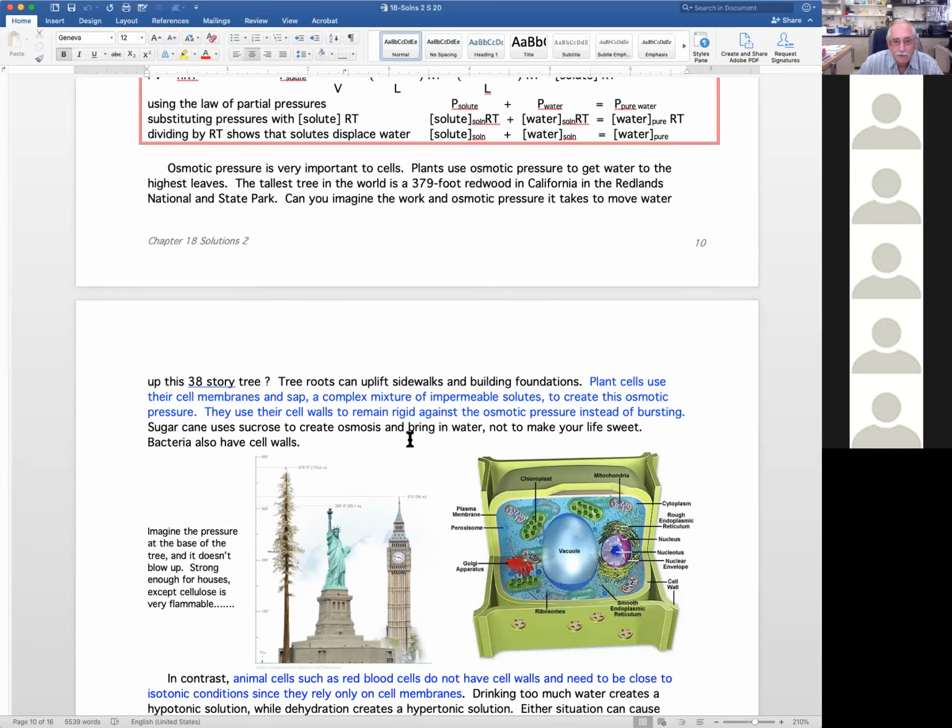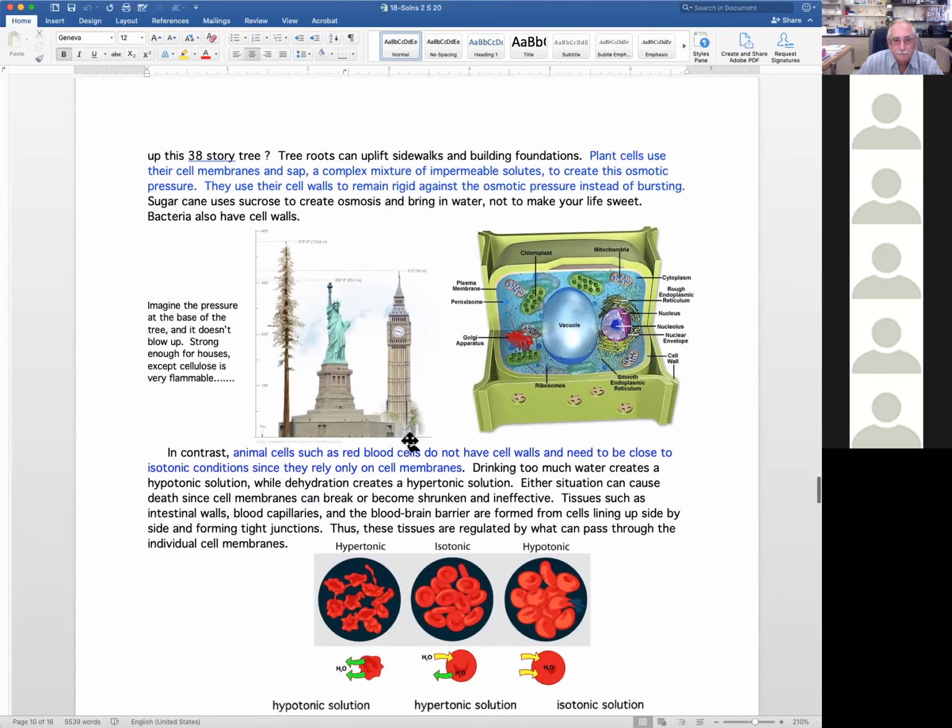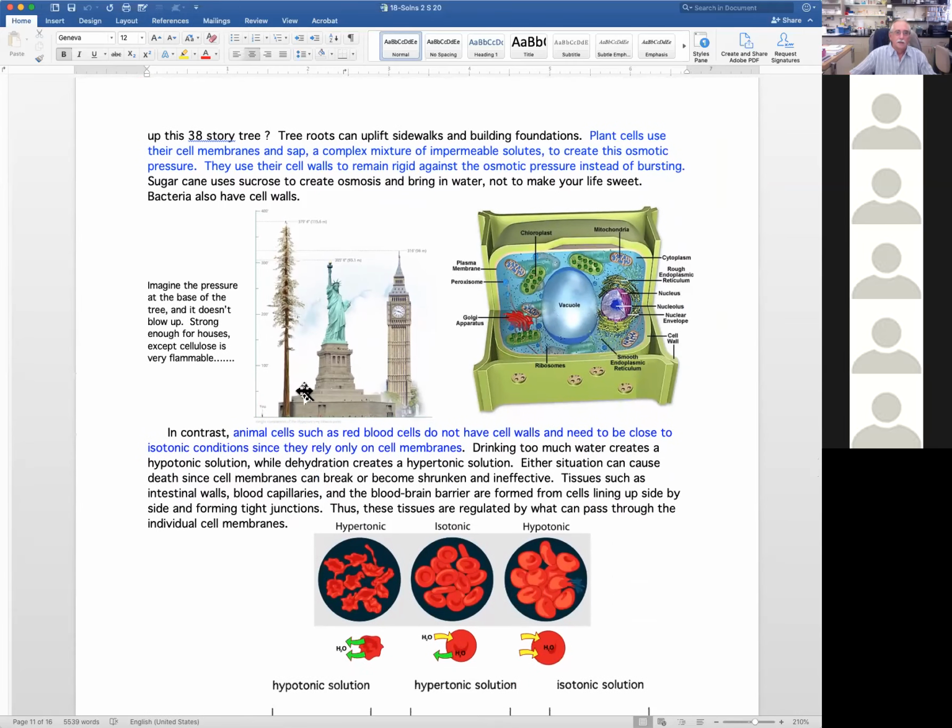So here's some practical examples of osmotic pressure. Here's one of the tallest trees in the world. It's 38 stories high. And how does this tree get water from the ground to up here? How does it do that? Well, it uses osmotic pressure.